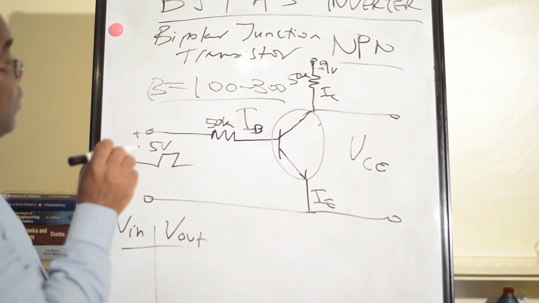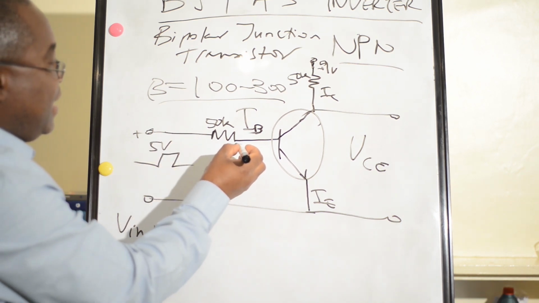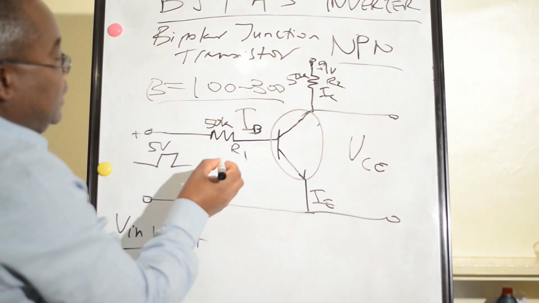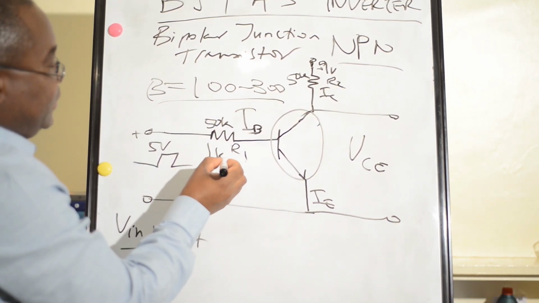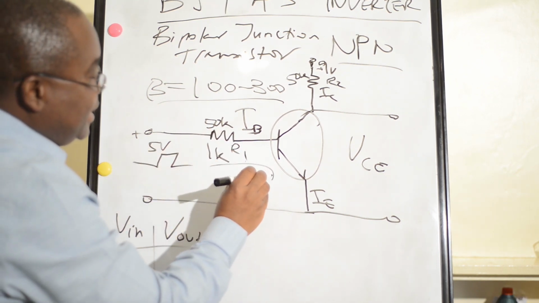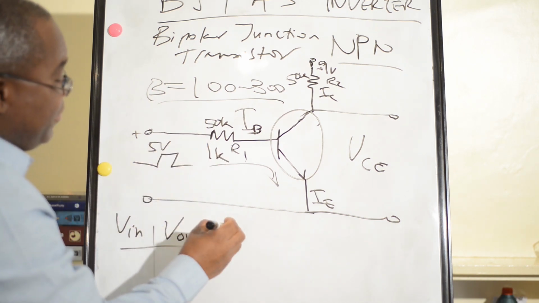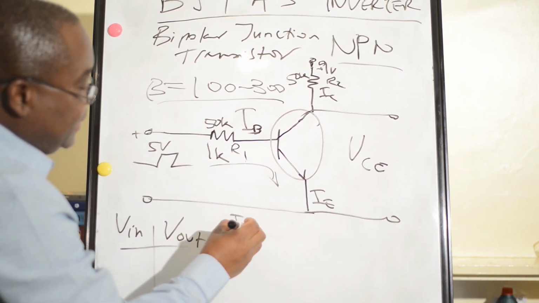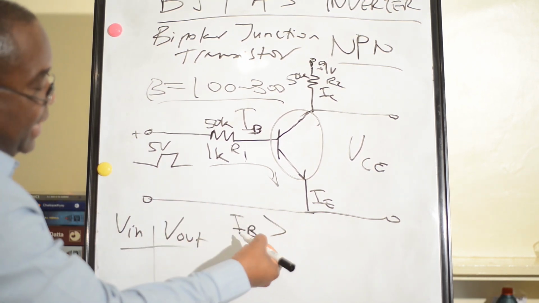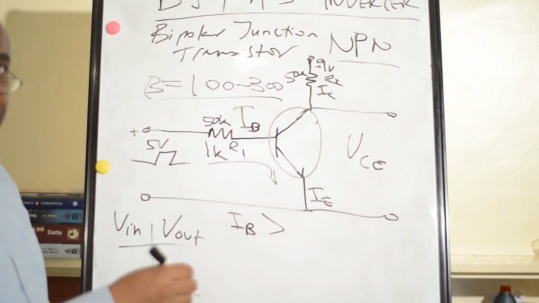But if we put a small resistor here, let's say this is R1, R2, and R1 goes from 50K to 1K, that means high current will flow. So if we have very high base current IB, the transistor will go to saturation mode.